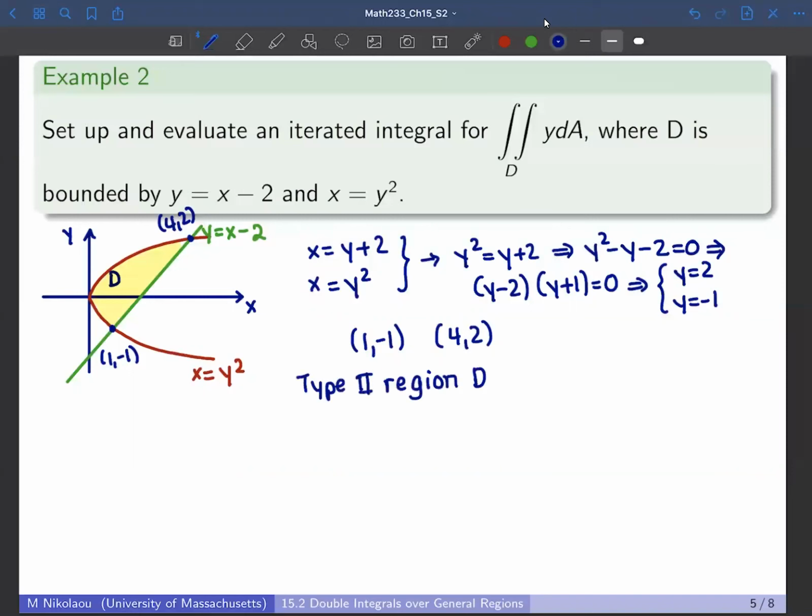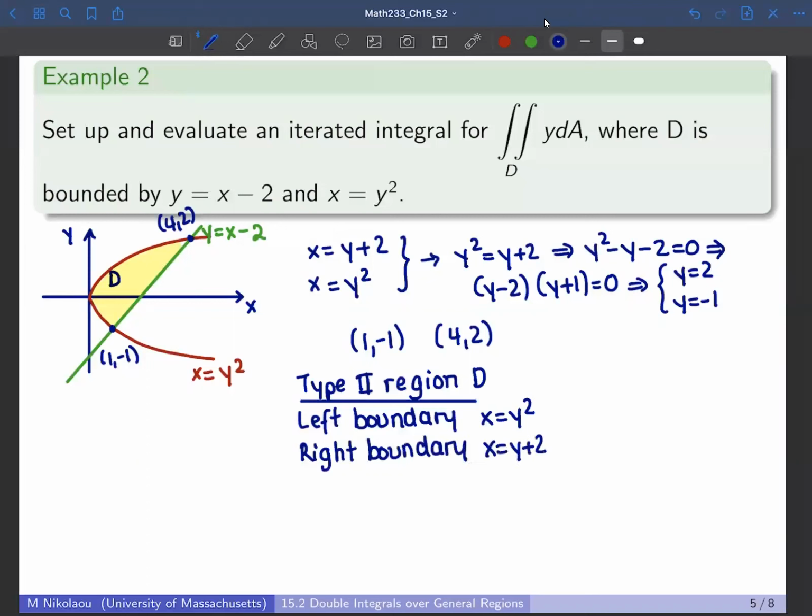And in this case, we'll have a left boundary x equals y squared and a right boundary x equals y plus 2.